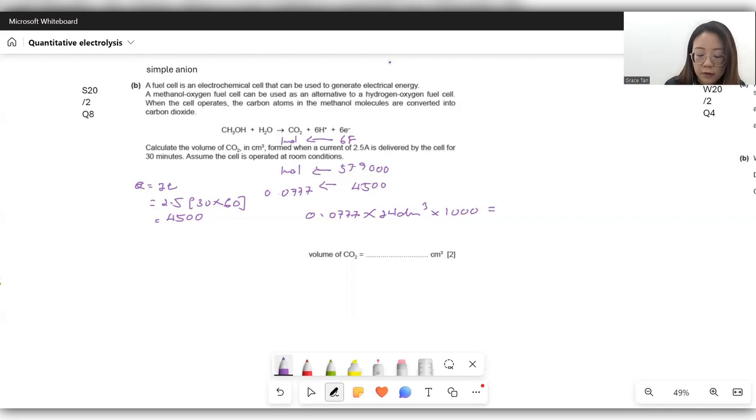So therefore, the final answer would be 1865. Let me see where to put my decimal place. Here. 186.5. Okay, let me just check my calculation one more time.